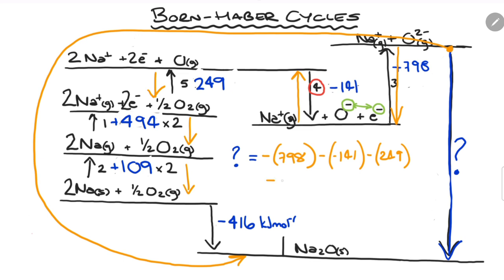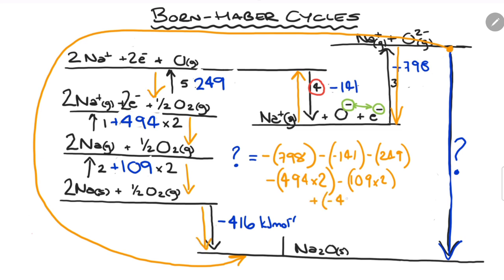So we would subtract the 494. But remember, we have to have a multiplication of 2 because we've got the 2 sodium ions and the 2 sodiums to atomize. So we would have that multiplied by 2. We would then subtract the 109 again multiplied by 2. And then the final arrow is going in the correct direction, so we would add that.